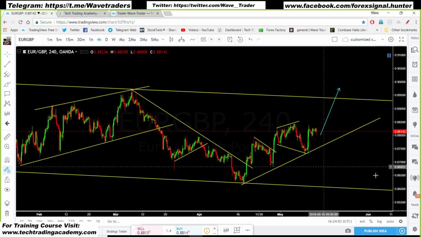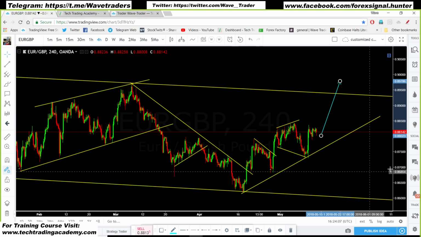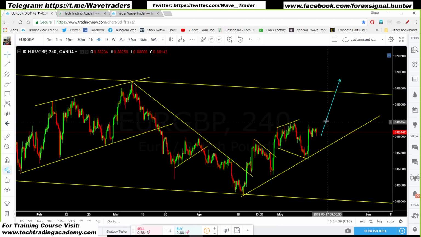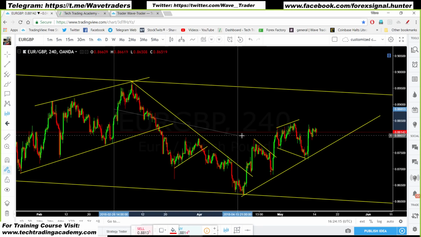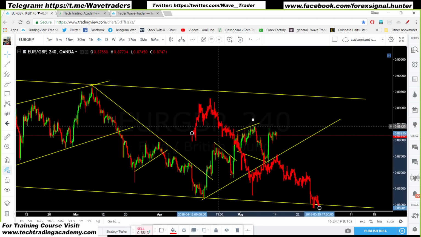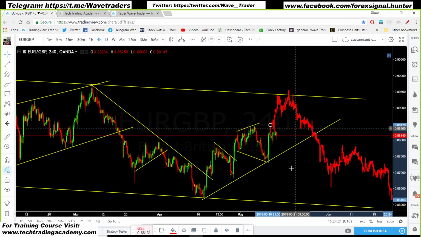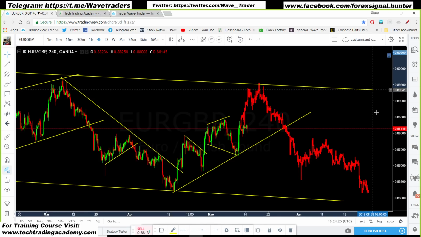Let me show you, slightly drawing the bar patterns on it. So that is going to be the trade, the next wave you need to look for.